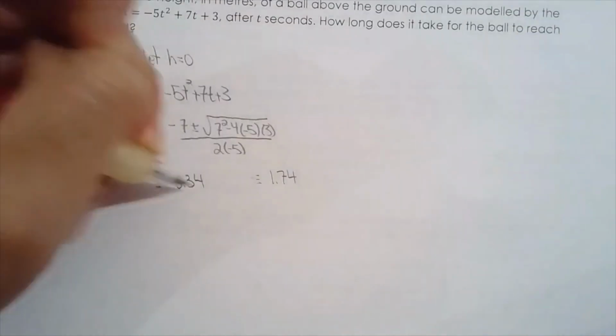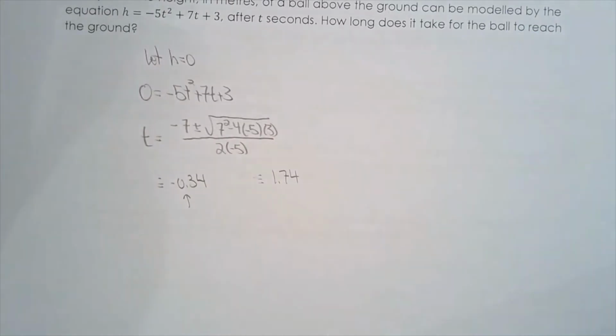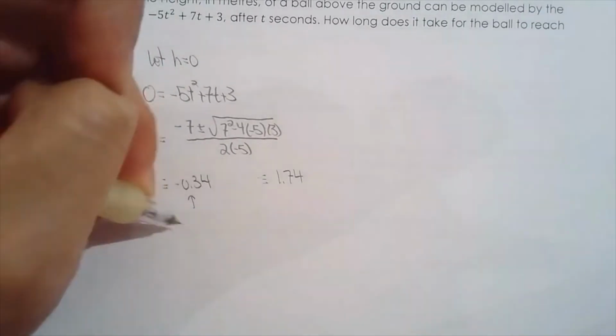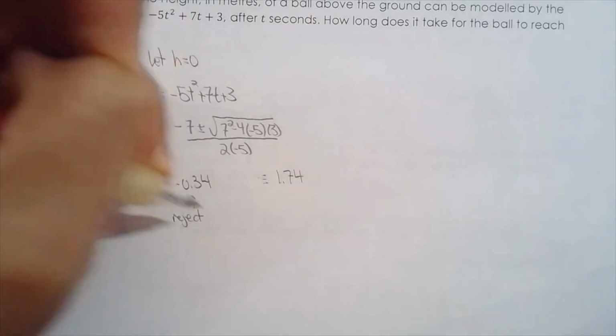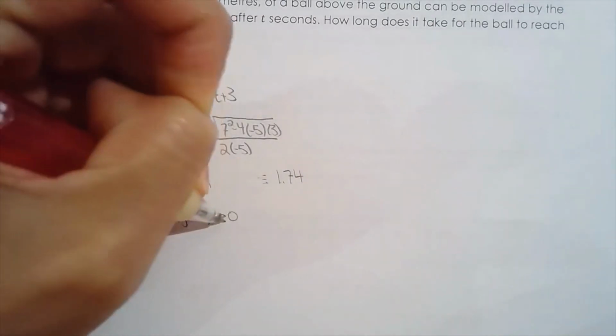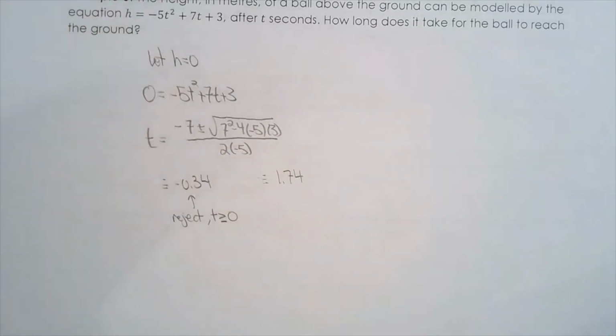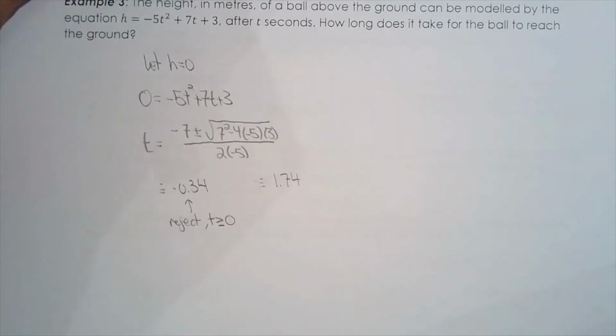So this answer makes no sense. How can it hit the ground? How can it hit the ground before we even threw the ball? So we reject it because t is greater than or equal to 0. Okay, this makes no sense. How can I say it hit the ball before I threw it? That's some magic.